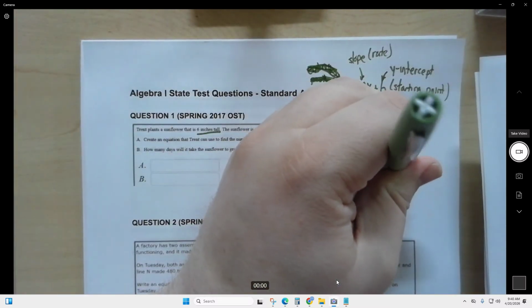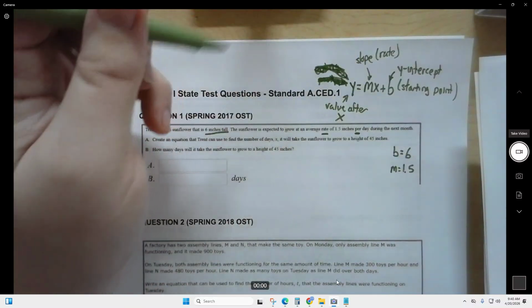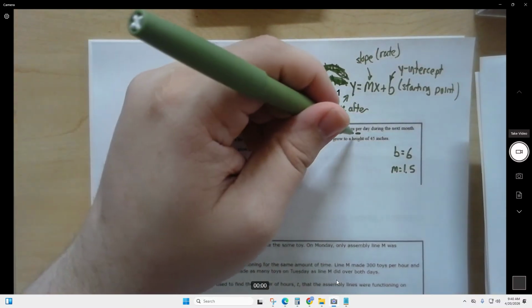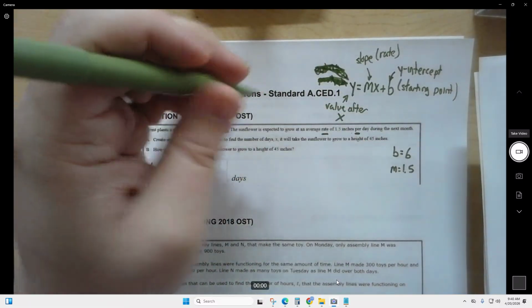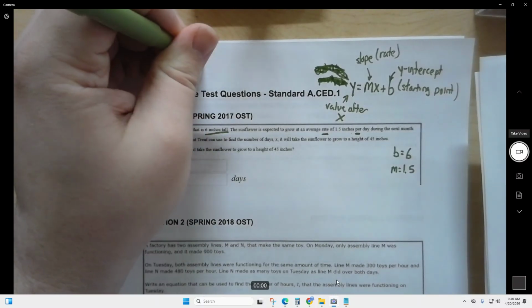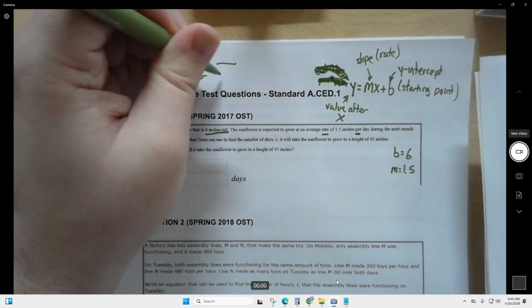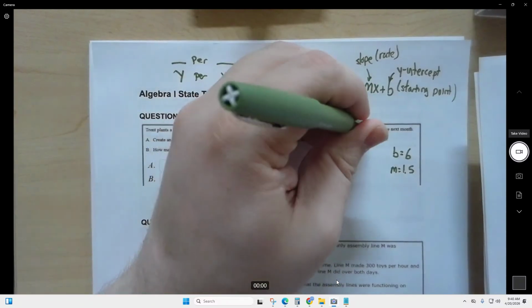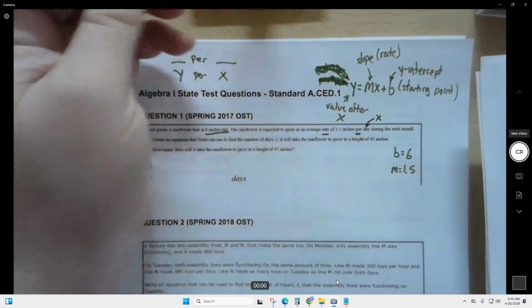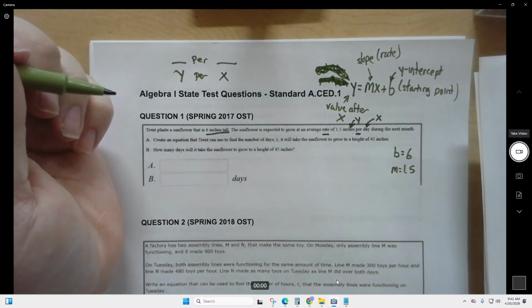This is going to be our m, 1.5. Now, when you look at something like inches per day, miles per hour, something per something is always y per x. So in this case, days is going to represent our x. Inches is going to represent our y.